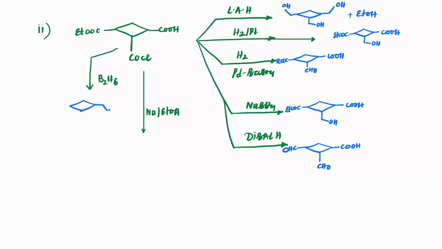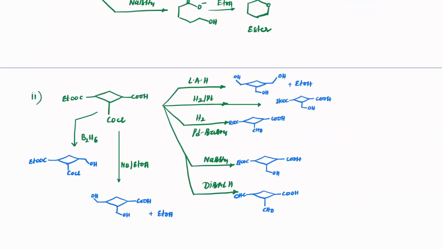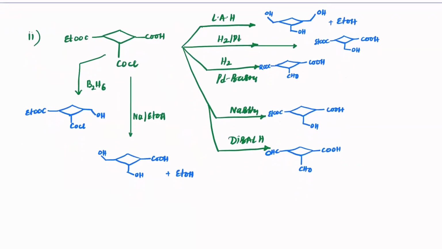B2H6 is extremely reactive only for acids, so the acid chloride remains the same, and COOEt remains the same. Sodium in ethanol will hardly reduce acids to a larger extent, so that's why I'm not taking acids into account here. You'll get an alcohol here plus EtOH. These are all the products that you will notice.